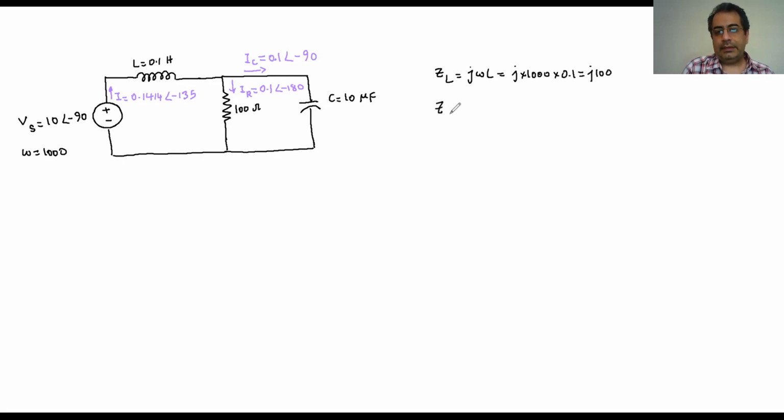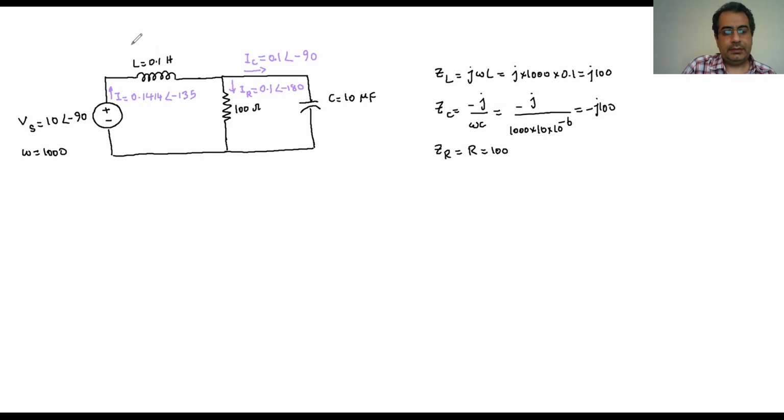For the Z at the C, it is negative j over omega C, which is negative j over 1000 times 10 times 10 to the negative 6, which comes to negative j100. And for the R, it's just R, which is 100.